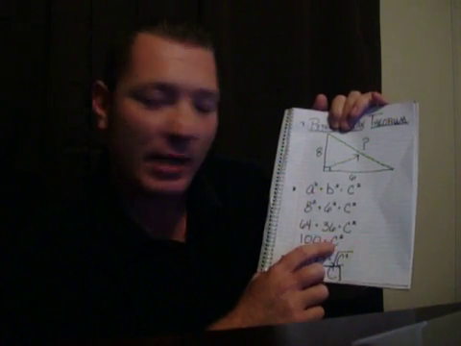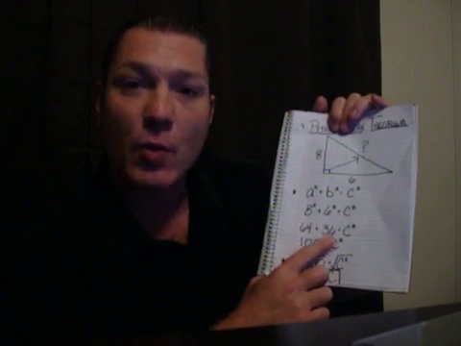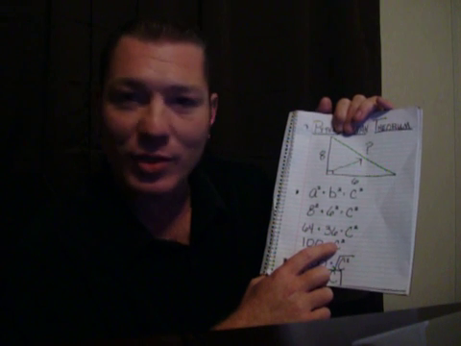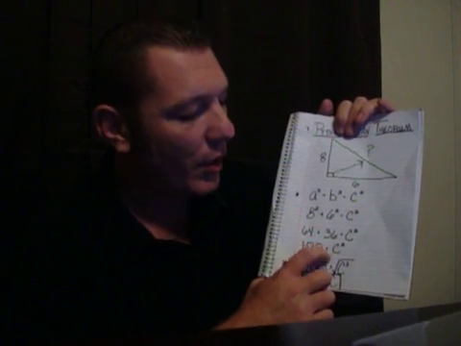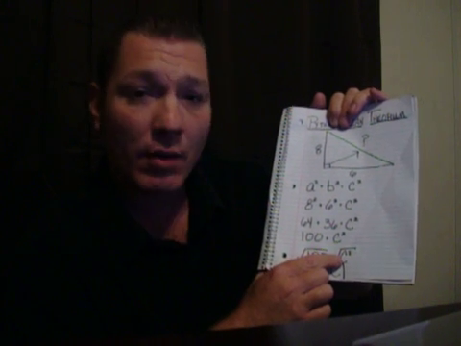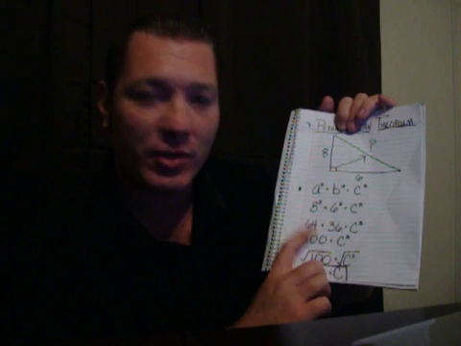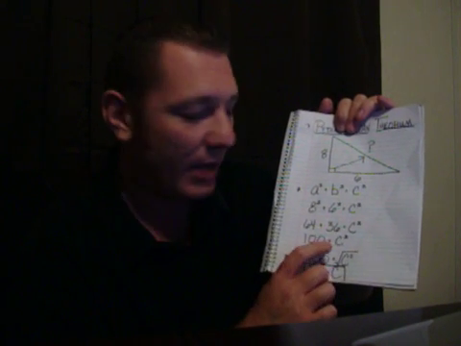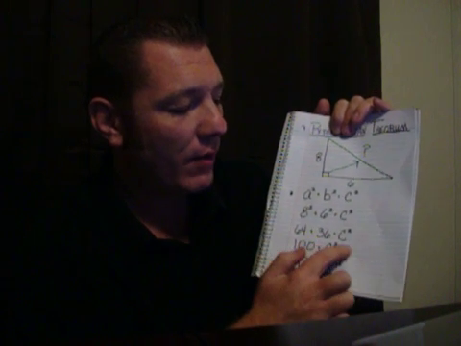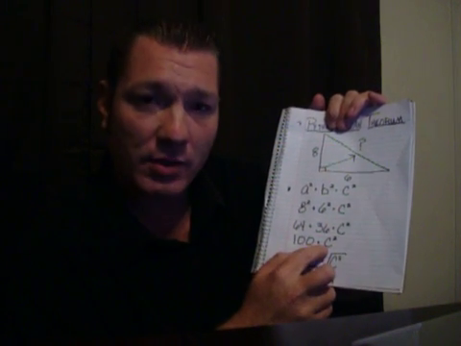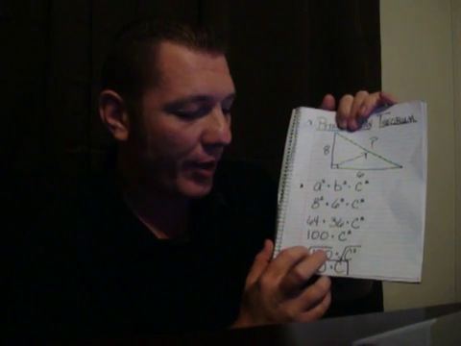In algebra, anytime we want to get a square by itself, we simply take the square root. Because c squared is just not an answer. We're looking for c, not c squared. So we're going to square root this side. And anytime you do anything to any side of an equation on either side of the equal sign, you do it to both sides. Okay? So we're going to square root c squared. We're also going to do the same thing with 100.